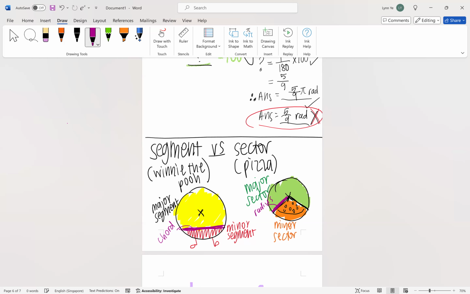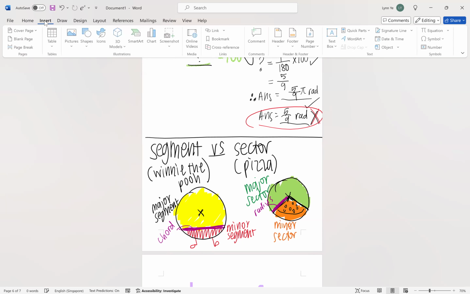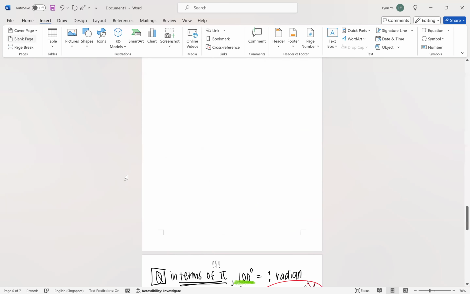Radius. Okay, so with that, congratulations, you have mastered segment and sector. The last one is the formulas. And then we're done for today.